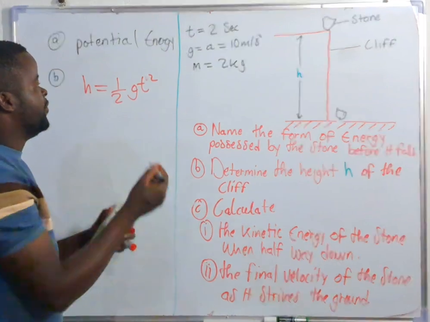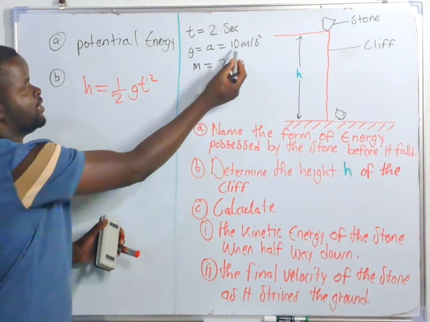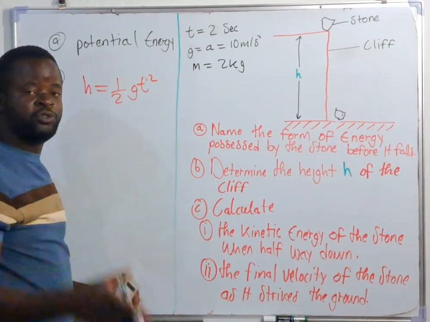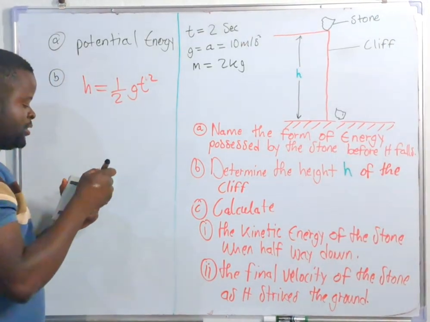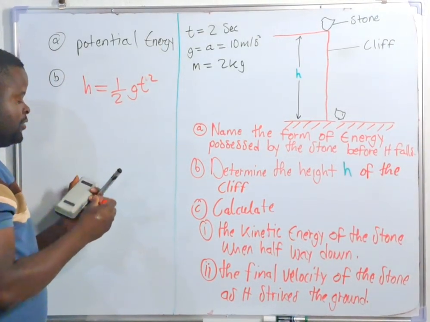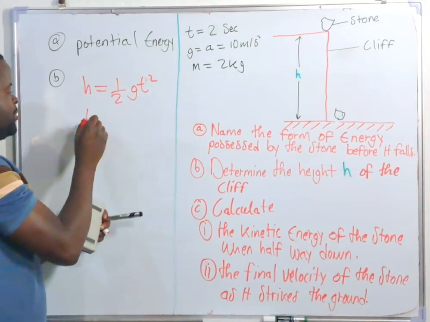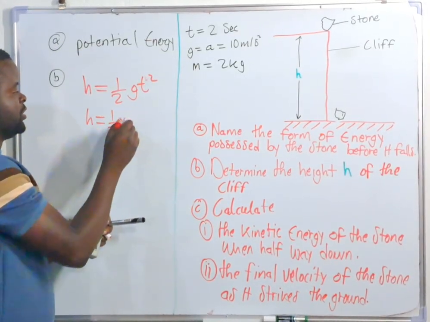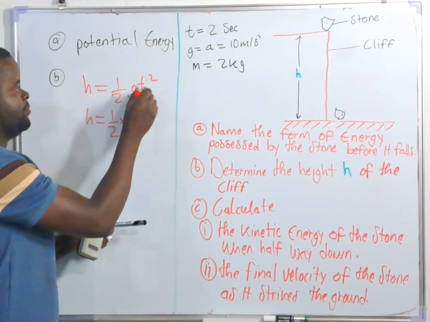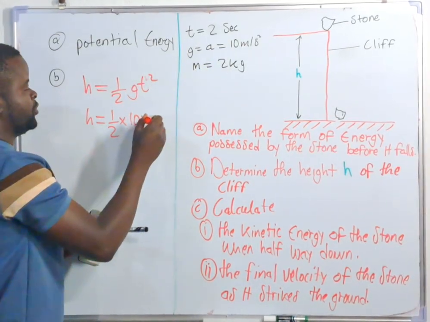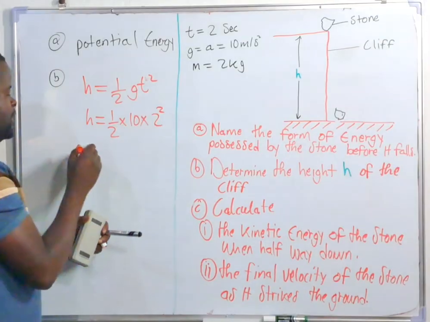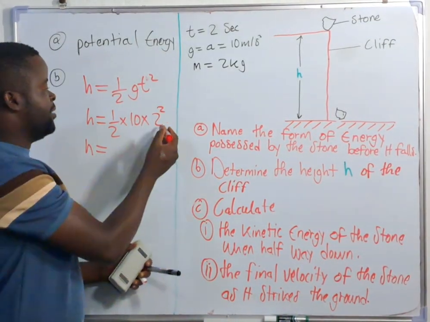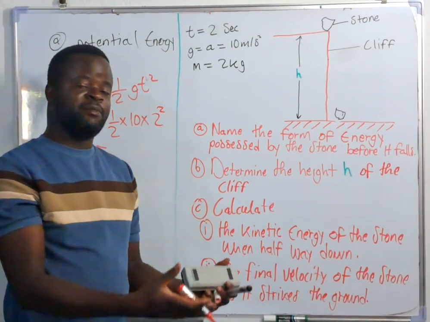Now, let's proceed. Determine the height of the cliff. With what we've been given, the value of g is 10 meters per second squared, because it is acceleration due to gravity. So height is equal to 1/2 times 10 times the time, which is 2 seconds, so 2 to the power 2. Remember, a number raised to the power 2 simply means let that number multiply itself.